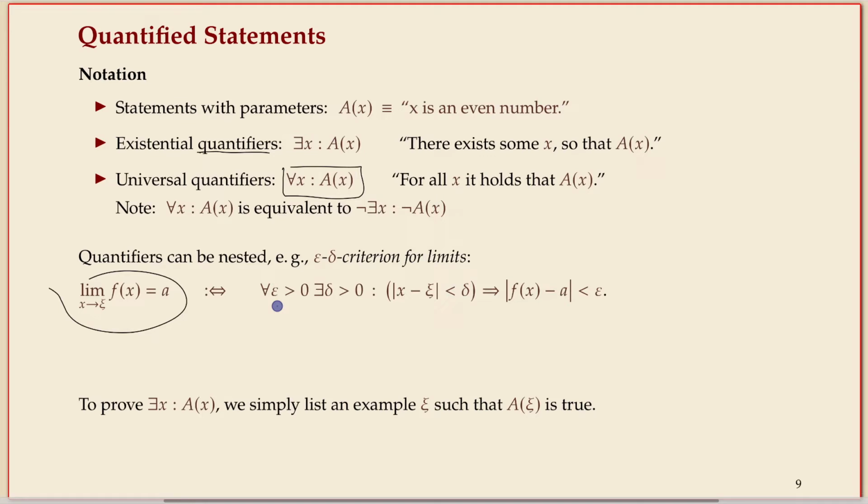Very obvious in games: who starts matters. And so for quantifiers, you have to read them left to right. Another way to say this: delta is a function of epsilon. It may depend on the choice of the quantifiers to the left. Okay?